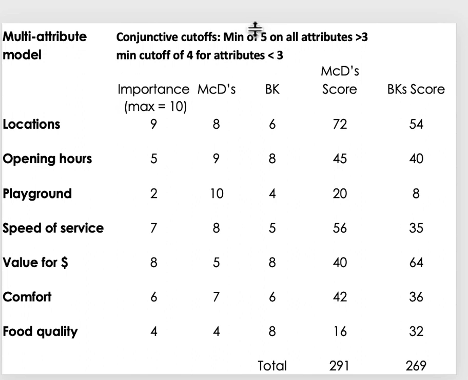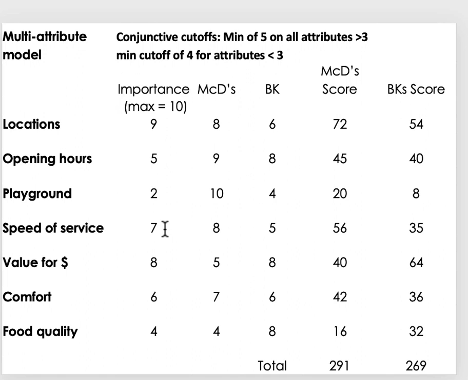5. Let's look at that here first and see, all right, so we've got on this first criterion of locations, 9, that's above 3, so it's an important attribute. McDonald's, it's acceptable. It's also acceptable in terms of opening hours. The presence of a playground, that's an attribute that's below 3, so we would come back to that.